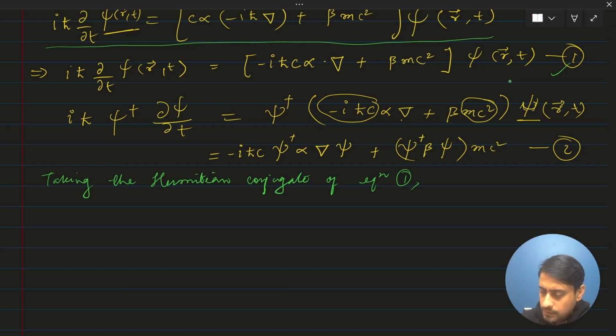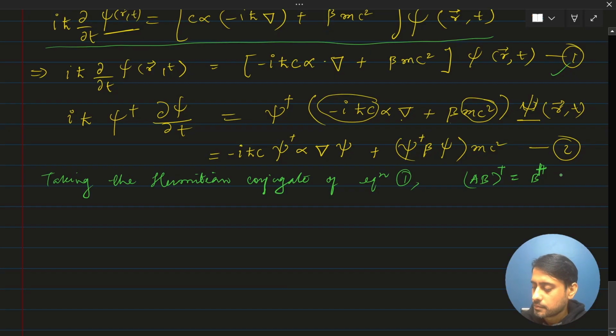If you take the Hermitian conjugate of equation number 1, one thing you have to keep in mind is that when you take the conjugate of a product like AB, you write it as B dagger, then A dagger.